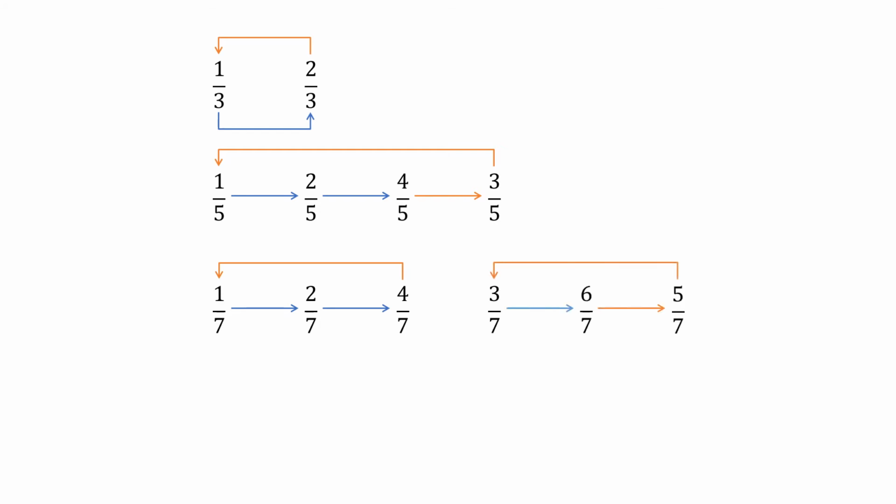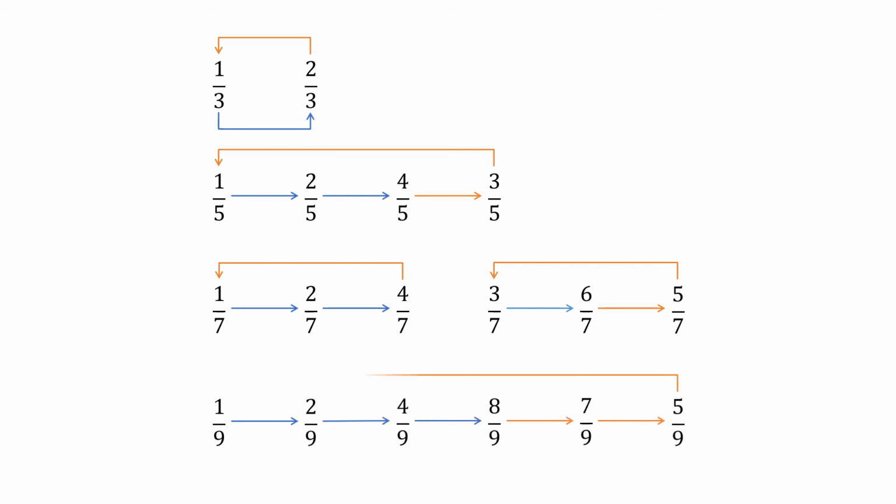Two cycles with the same denominator. As for the ninths, you have 6 fractions that exclude 3 ninths and 6 ninths, since they simplify to 1/3 and 2/3. It's beautiful and all, but how do you make sure to find every single cycle with each number of fractions?